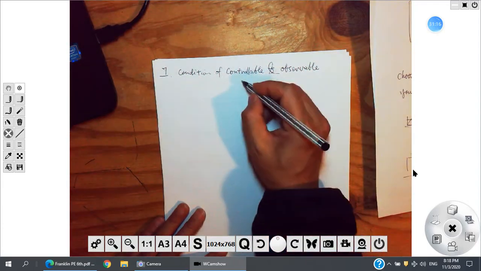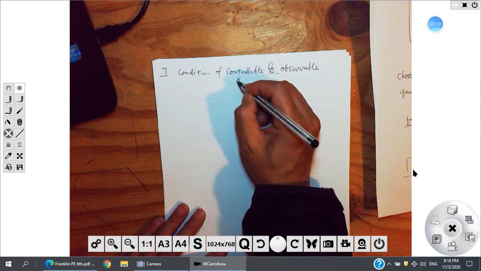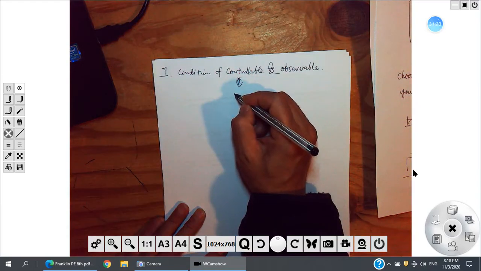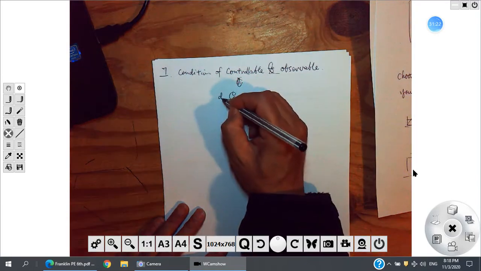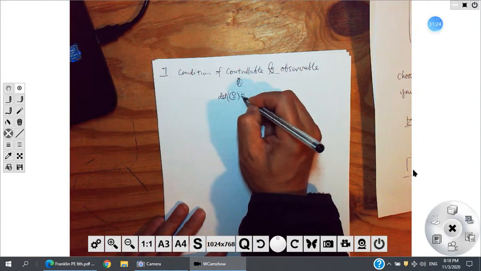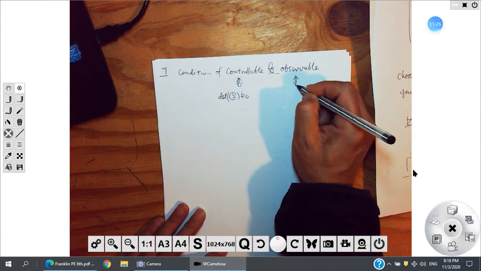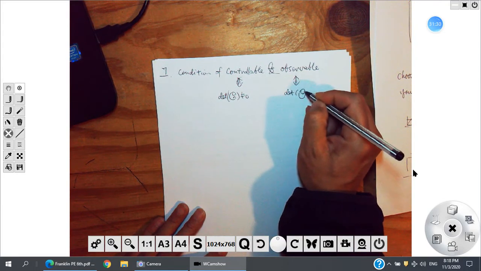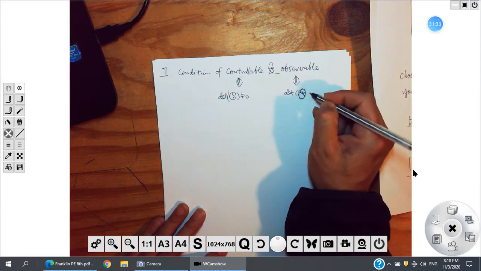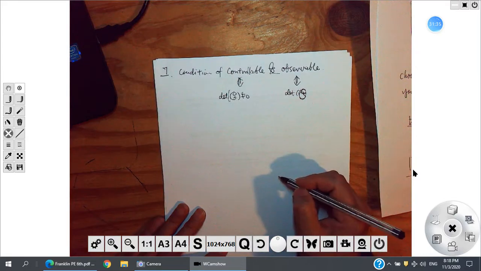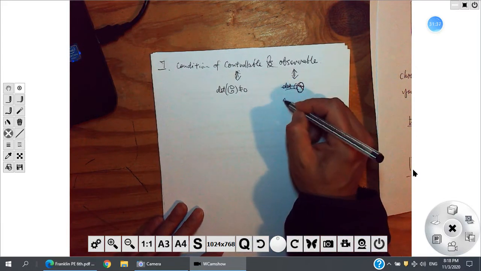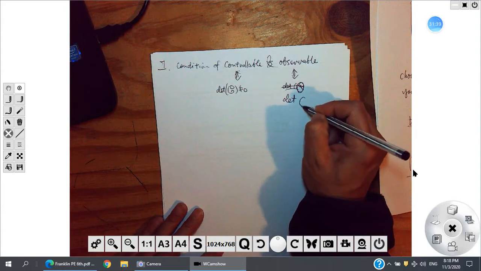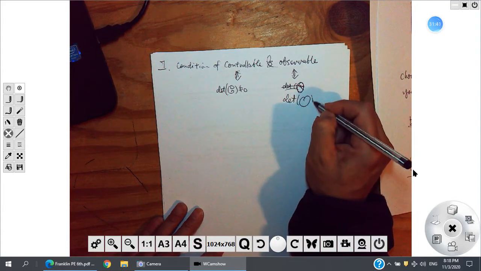Basically, we say this one controllable according to that C, the determinant of this is not 0, and observable is related to the determinant of the matrix O. Determinant of O, okay, this looks better like O, right?